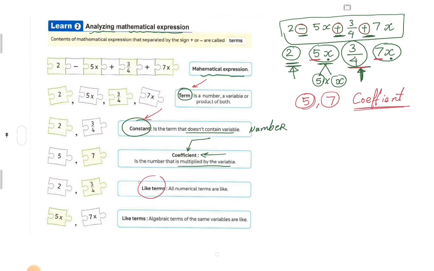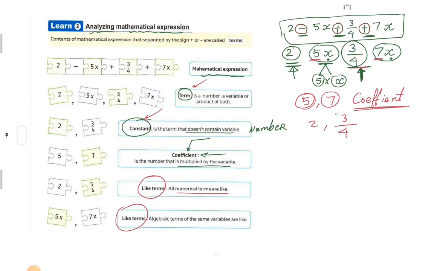Now we will learn about like terms. Now I know that I have 1, 2, 3, 4 terms. Any terms I can call like terms, but like terms will be two kinds. Like terms may be all numerical terms. Here, where are the numerical terms? We have 2 and 3 over 4.